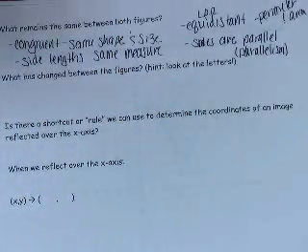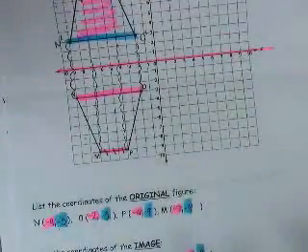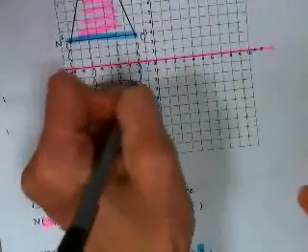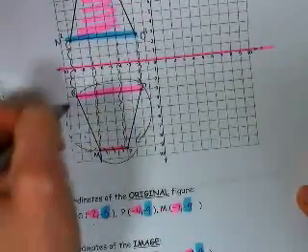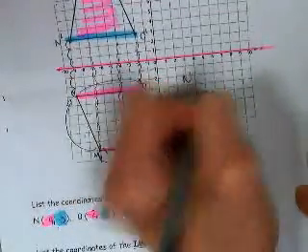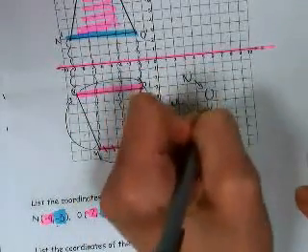So what changes? Well, let's take a look at what does change. If I take a look at my original figure, I go from N to O, O to P, P to M, and M to N. N to O to P to M, in that clockwise fashion.